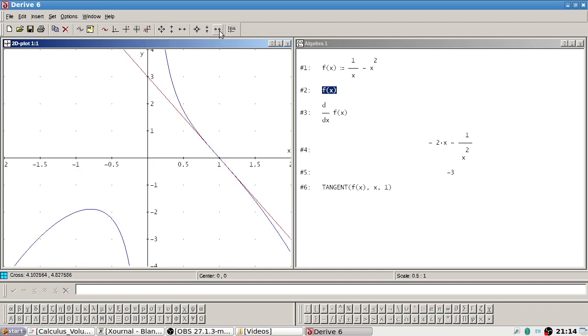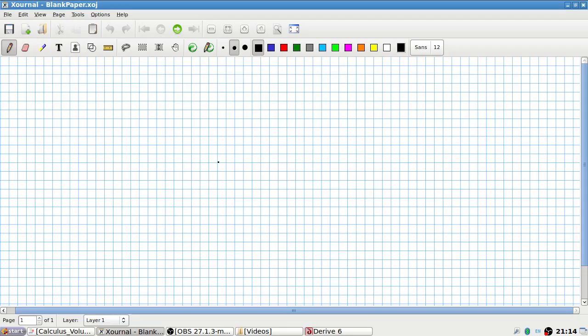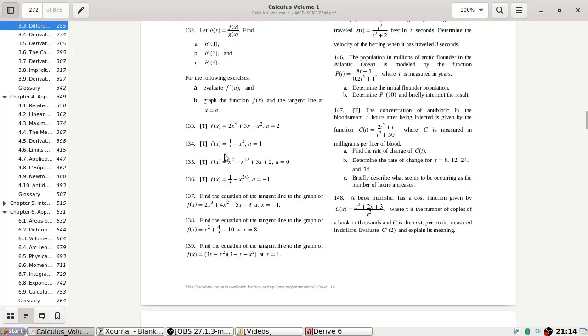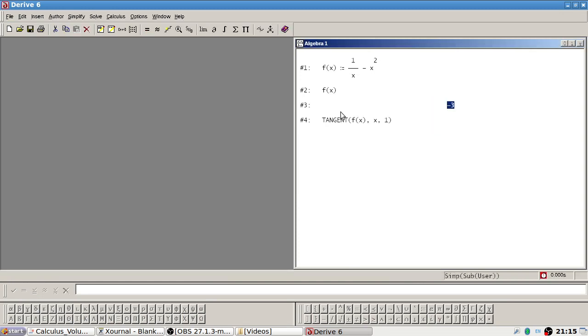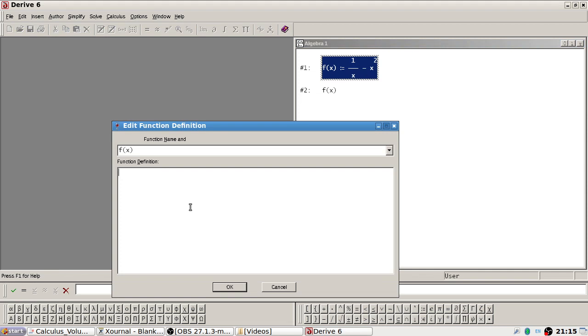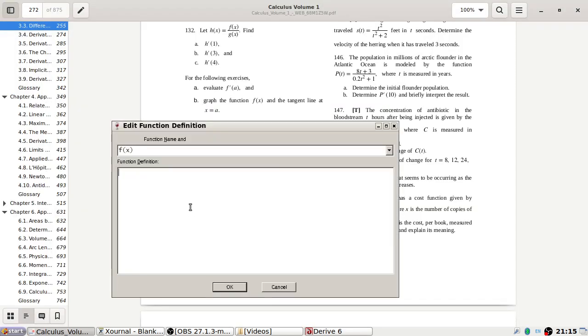So, interesting tangent line at 1. Okay. Next one now. x squared minus x to the power 12 plus 3x plus 2.